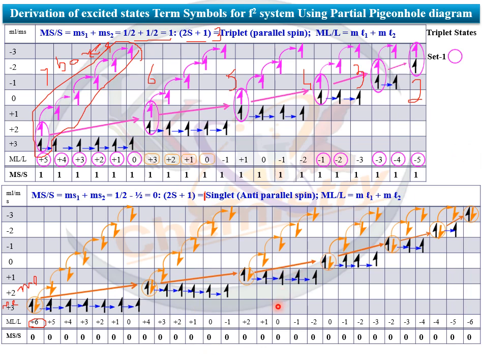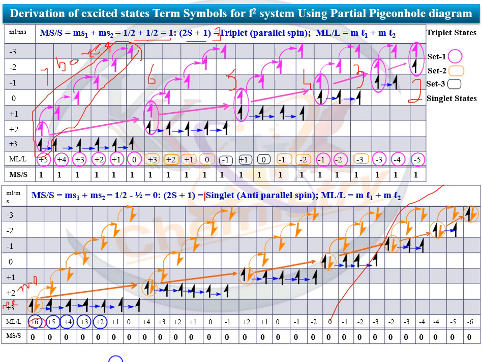Again, set 6 is starting from plus 2 up to minus 2. So if L is equal to 2, the term will be D, and it is singlet, so the term will be singlet D. The last one is set 7, where the ml value is 0, so the term will be S. It is singlet, so the term symbol will be 1S.